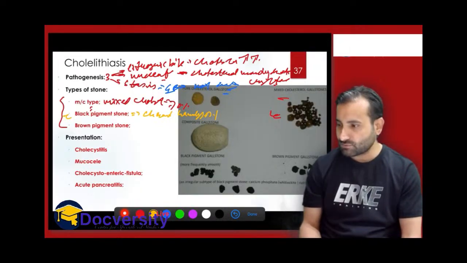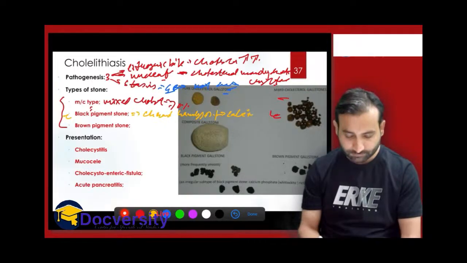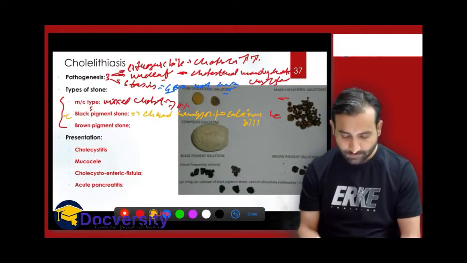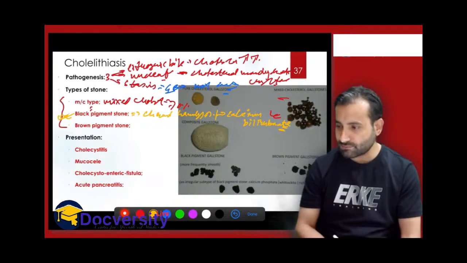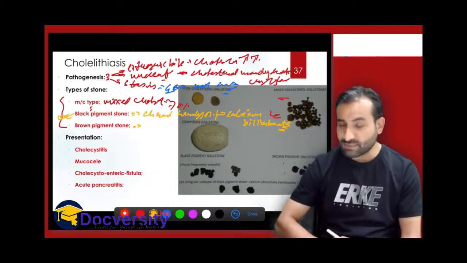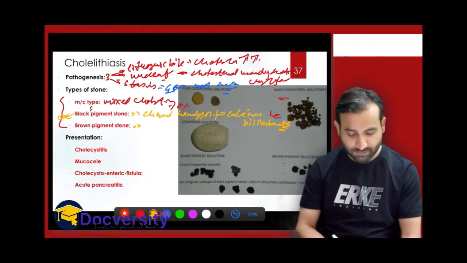And this black pigment stone, it contains what? Calcium bilirubinate or mucin. It contains what? Calcium bilirubinate. So please remember, because of the hemolysis, it produces the black pigment stone. And brown pigment stone is produced in the patients with frequent infections of the gallbladder.